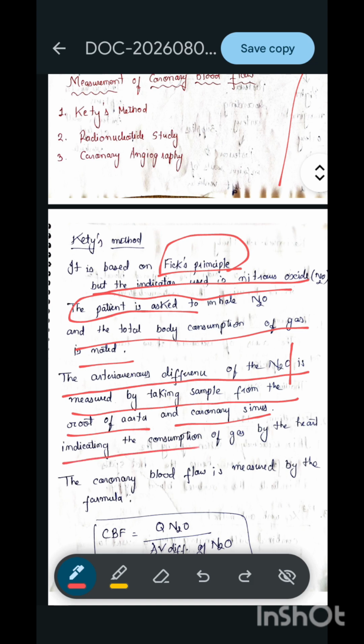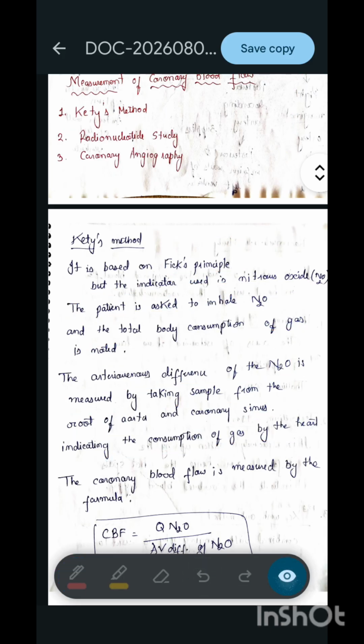So it indicates the consumption of the gas by the heart, right? The supply is from the root of the aorta, because the coronary arteries originate from the root of the aorta, and the coronary sinus is the venous drainage of the heart. So whatever amount of nitrous oxide has been consumed by the heart, we can see that by the arteriovenous difference.